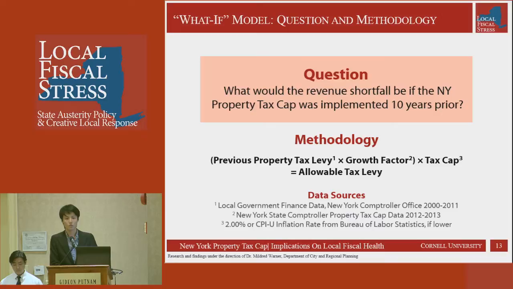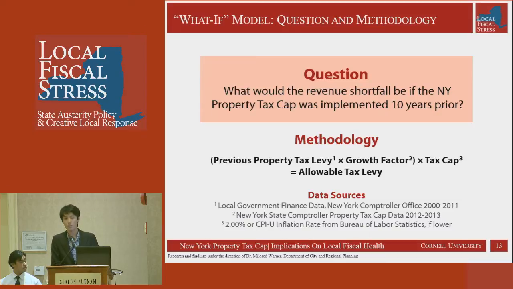Instead of making too many assumptions for the future, we look back and study what the tax revenue loss would be if the New York tax cap had been implemented 10 years ago. There are two important elements for our projection. First is the growth factor, multiplied by the previous tax levy, which will determine the allowable tax base. The other important element is the tax cap, which is the inflation rate measured by the CPI index or 2%, whichever is less, to determine the tax levy increase rate.